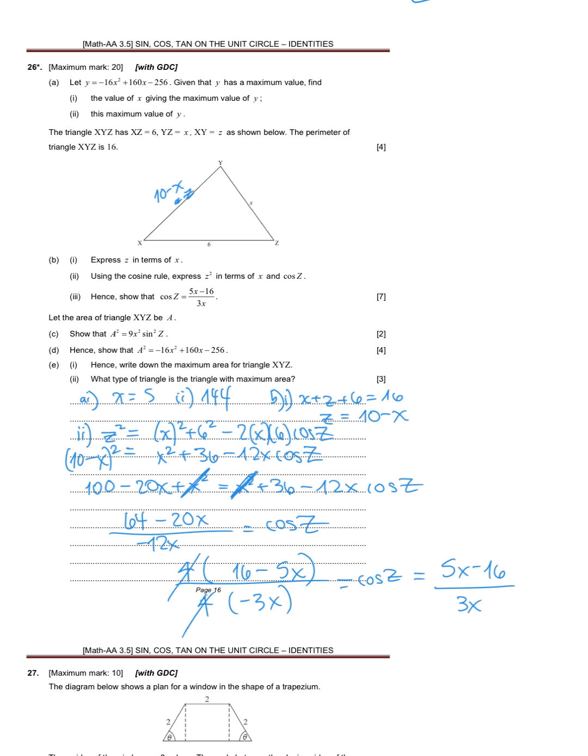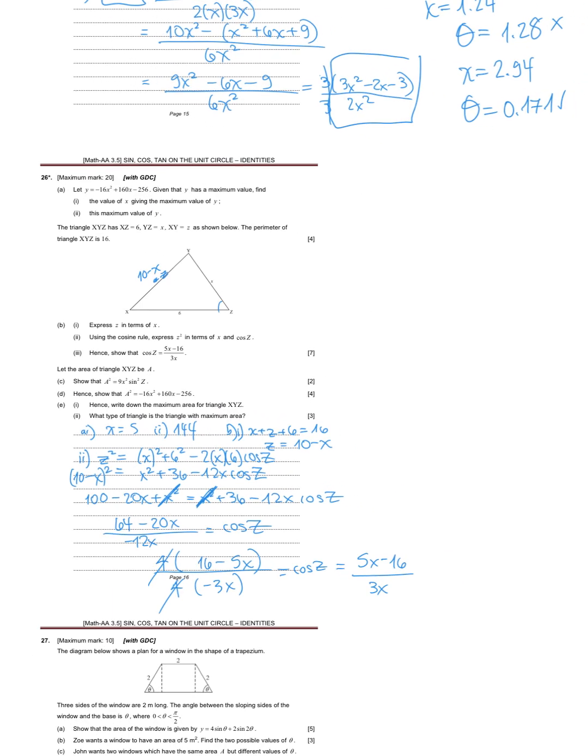Let the area of the triangle be a, so show that a squared equals that.